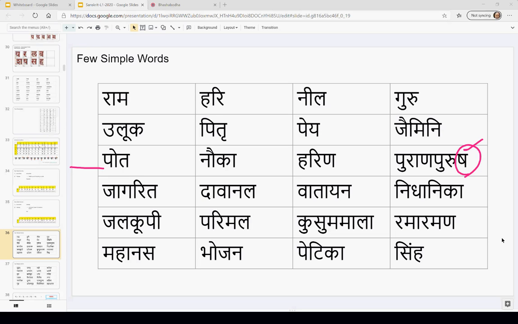Okay. Next line. Madhavendra, you want to try? Jagarita, Davanala, Vatayana, Nidhanika.